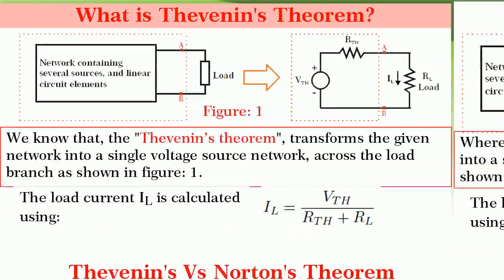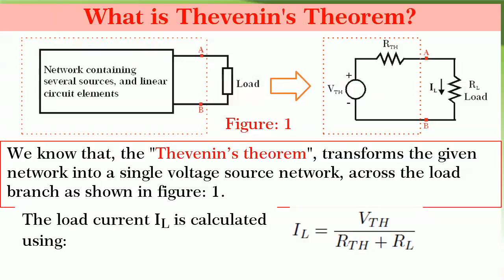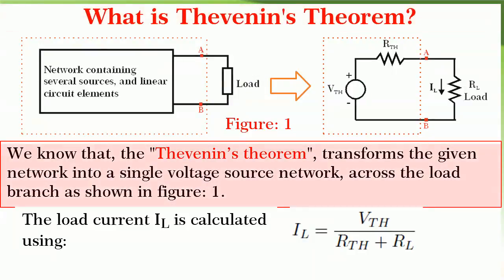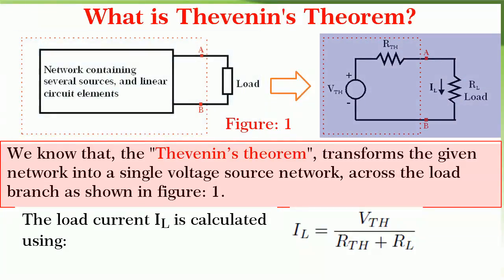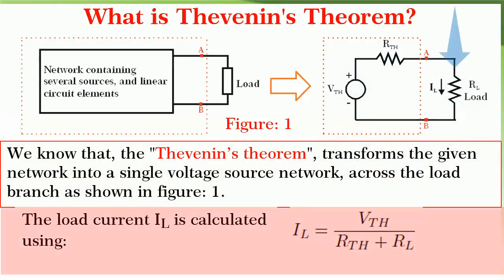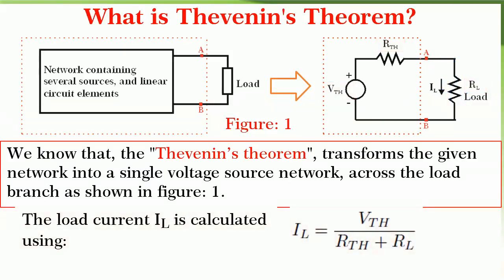Friends, before we go into the study of Norton's theorem, we shall recall Thevenin's theorem. We know that the Thevenin's theorem transforms the given network into a single voltage source network across the load branch as shown in figure 1, and the load current IL is calculated using IL equal to V Thevenin divided by R Thevenin plus RL.